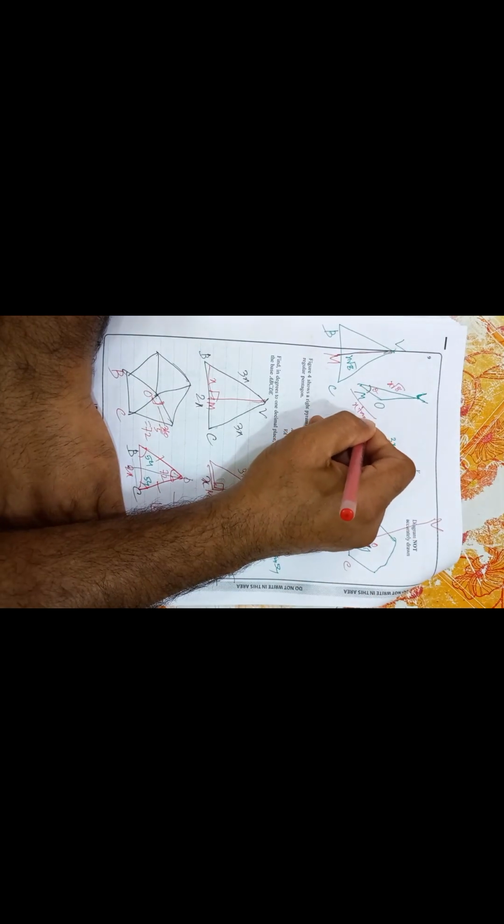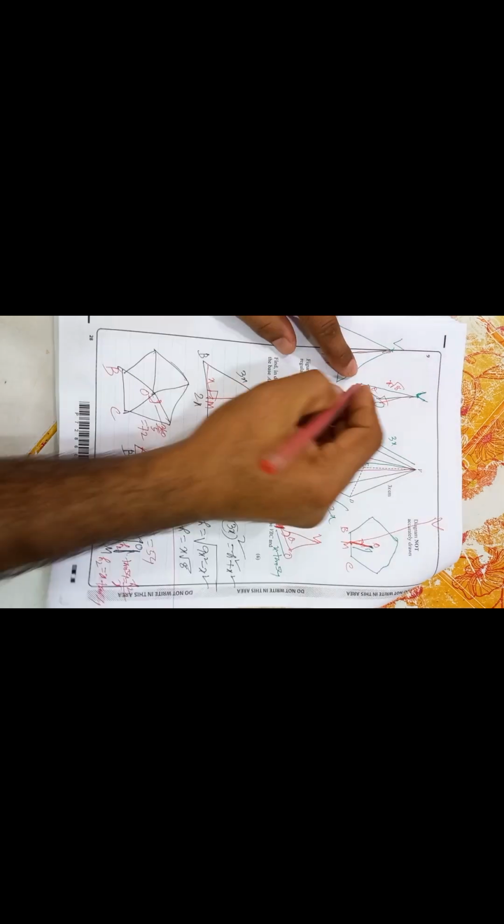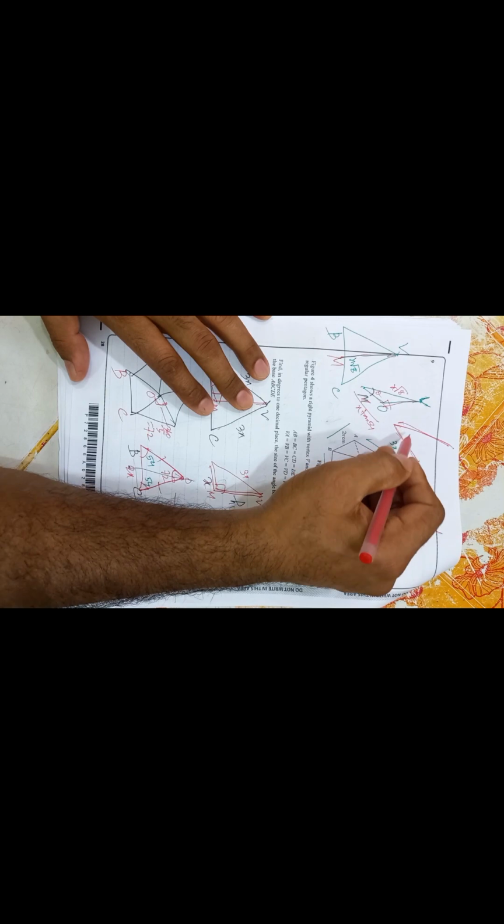This is right-angled triangle VOM. The question says the angle between the plane VBC and the base. So with the base, this is the base, this is VBC, and the angle in between is theta.